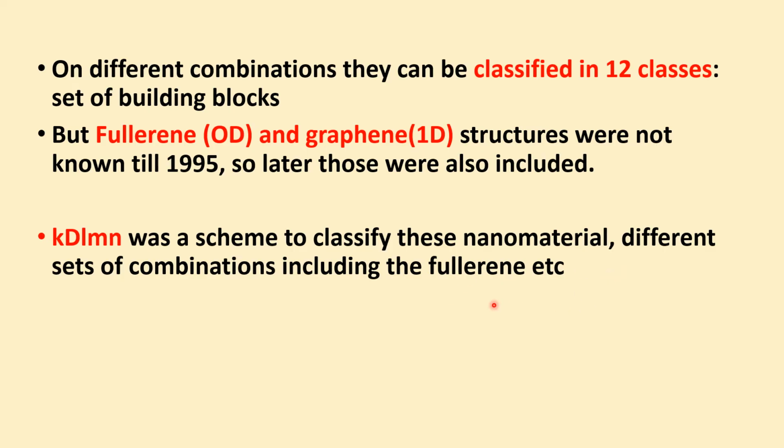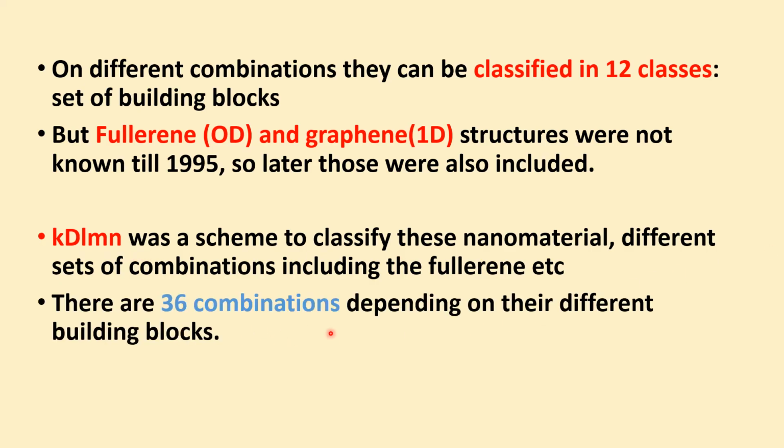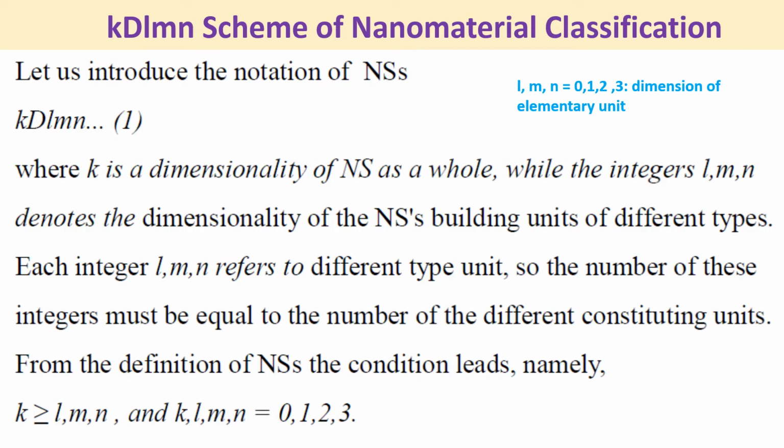Now it includes fullerene and the 0 dimension, 1 dimension, all kinds of combinations. This kDlmn combination will make 36 combinations depending on their building blocks. So we will see how we classify using the kDlmn scheme.